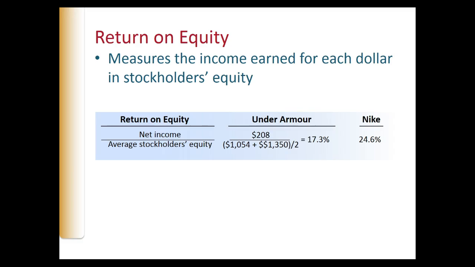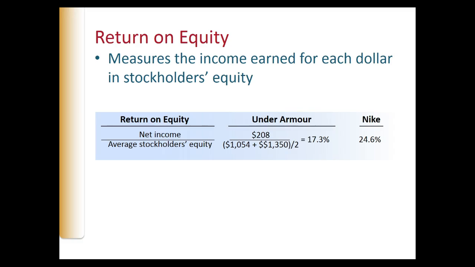Average stockholders' equity is calculated as beginning stockholders' equity plus ending stockholders' equity, divided by 2. So this slide shows the calculation of return on equity. Under Armour has a return on equity of 17.3%. Its net income is 17.3 cents for every dollar invested in equity.